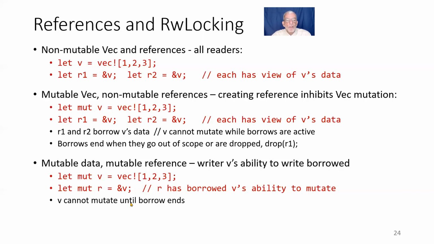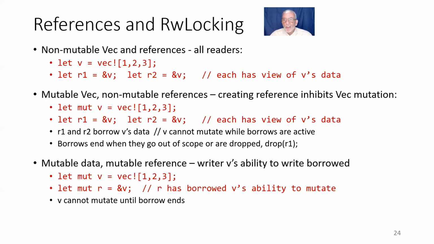This mutable reference is a writer, and this vector is a writer. Now, while I can create them, I can't mutate it. This reference borrows v's ability to mutate. So v can't write before R goes out of scope. So we only have one writer, R. When R goes out of scope, now v can write again.